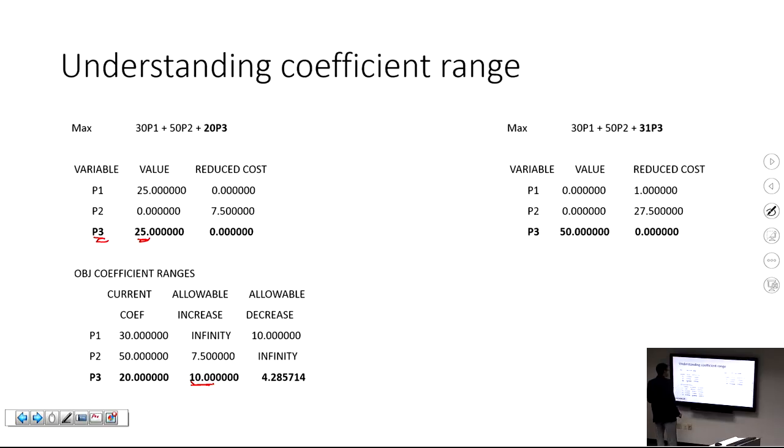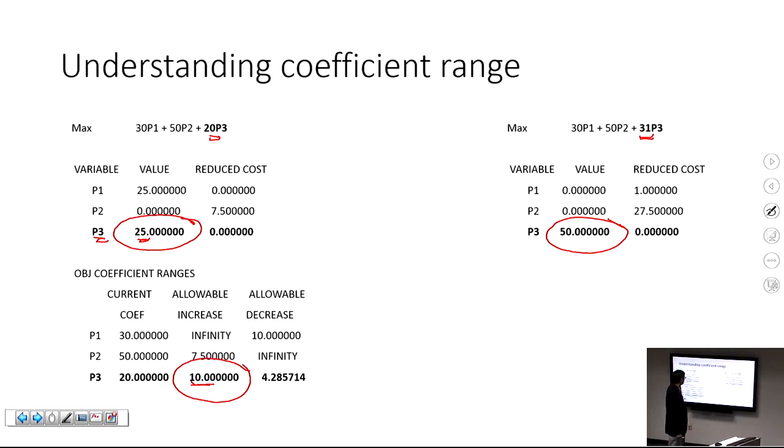This tells you that if they paid you 5 more, so if this goes up from 20 to 25, yes, it is profitable to make more P3, but still it's not profitable enough to start making more. It becomes profitable enough when your increase is more than the allowable increase of 10. So as you go from 20 to 31, now it's profitable enough to start making more P3. So from making 25 P3 earlier, now you are making 50 P3.